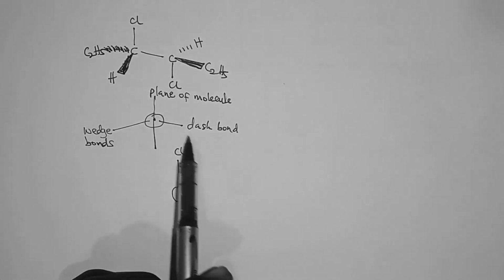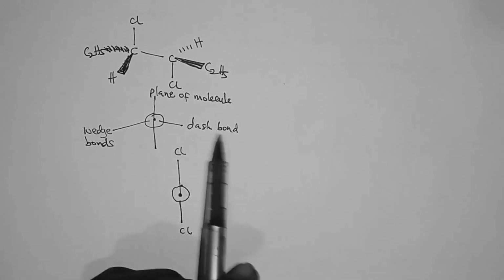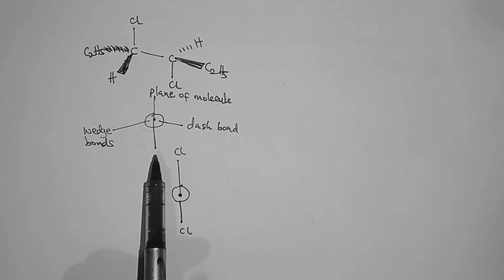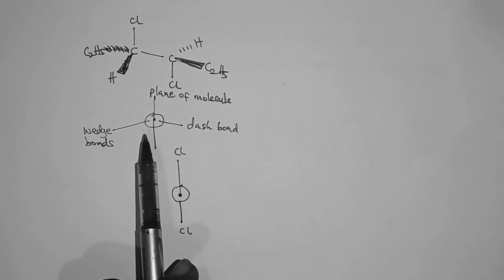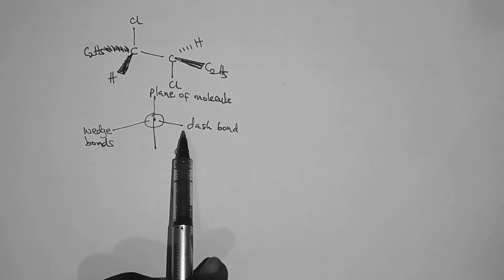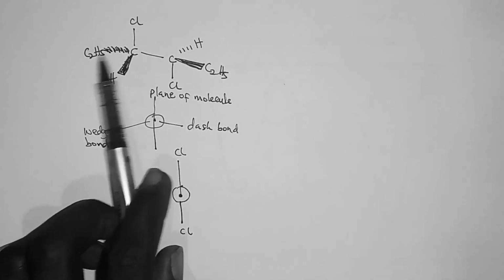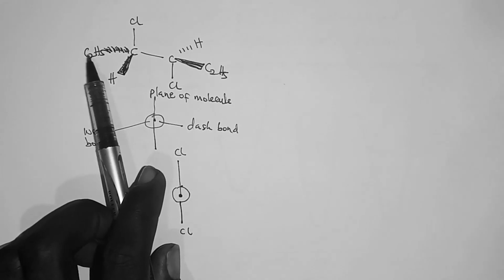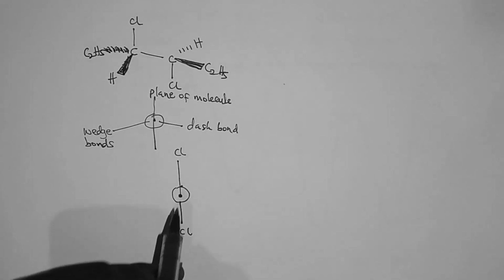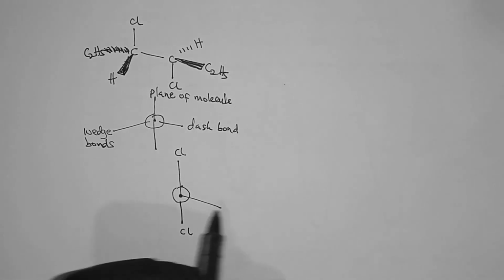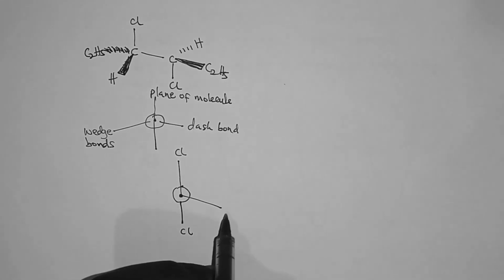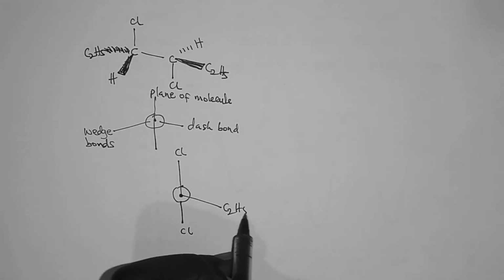Now, then we say that those that are on the right hand side are the dash bonds, which are the bonds that are going into the plane of the molecule. So the group of atoms that is going into the plane of the molecule is the C2H5. So it means that here is going to be C2H5.